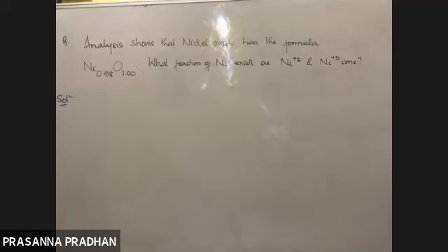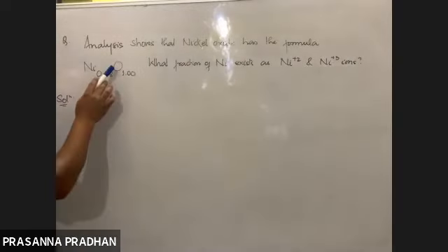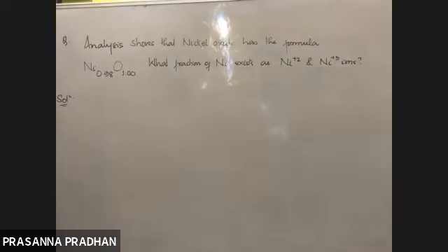What type of defect do we see? Metal excess defect? No, the metal is less compared to the anion. For 1 anion there is only 0.98 nickel. So this is a metal deficiency defect, the metal ions are fewer.